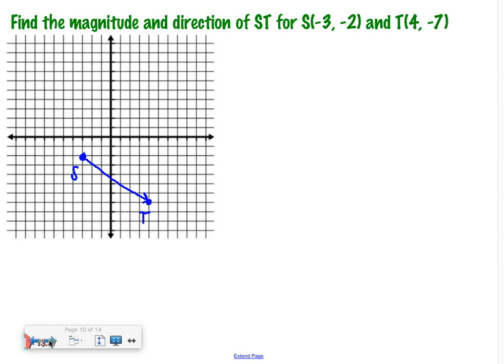Yep, so finding the magnitude is easy, right? We're just going to draw in a right triangle and use Pythagorean theorem. Did you guys find 7 and 5 to be your side lengths? Okay.